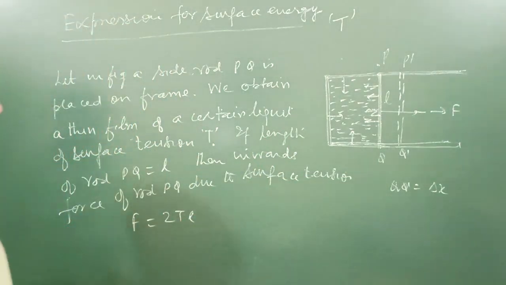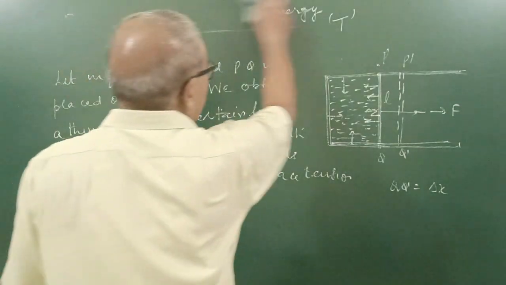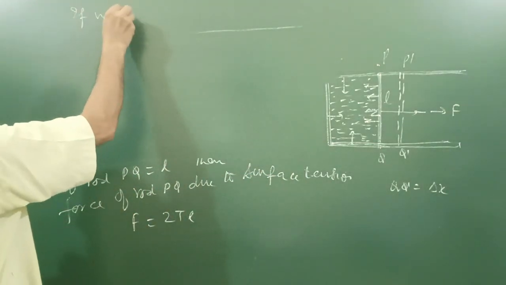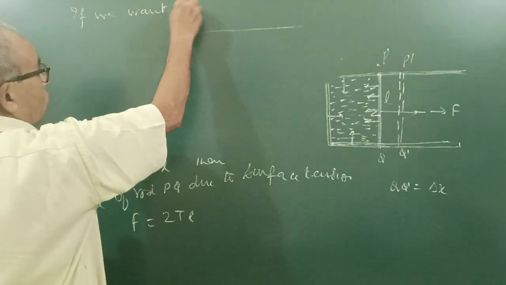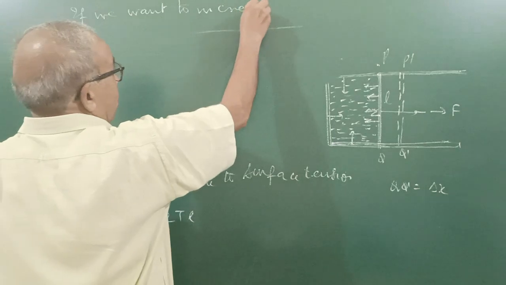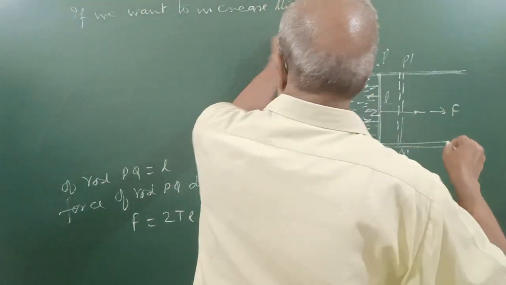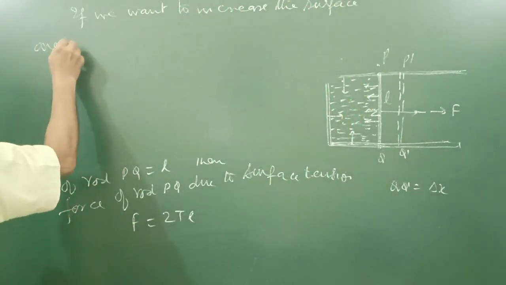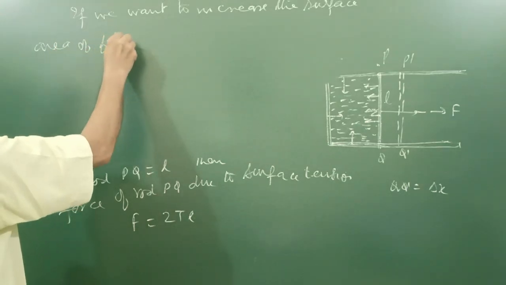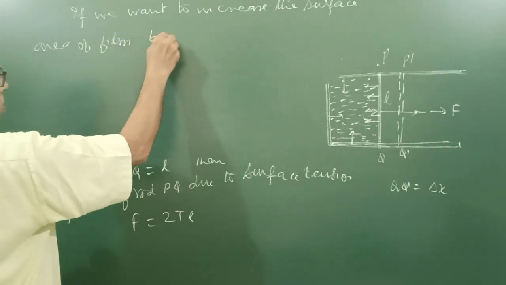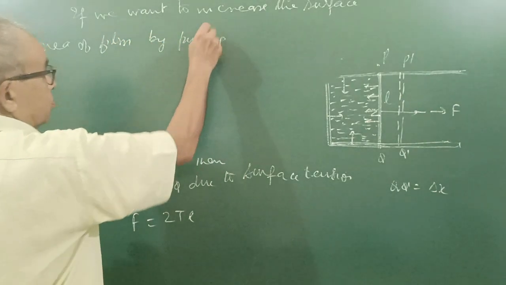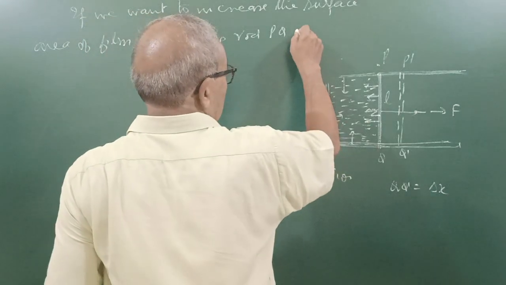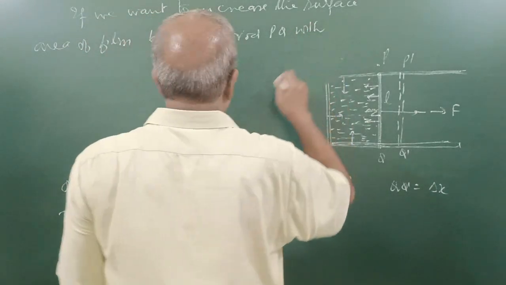So 2TL. Now, if we want to increase the surface area of the film by pulling rod PQ with constant speed.